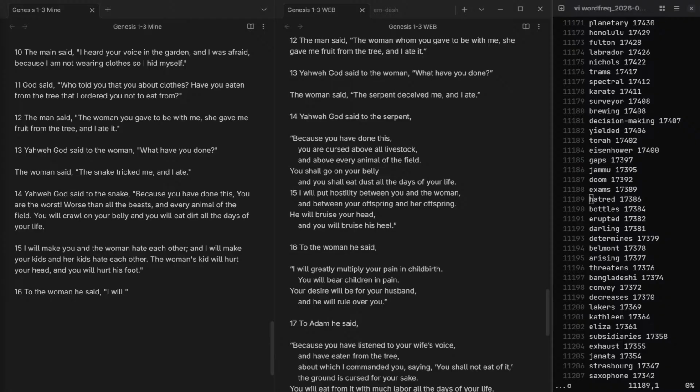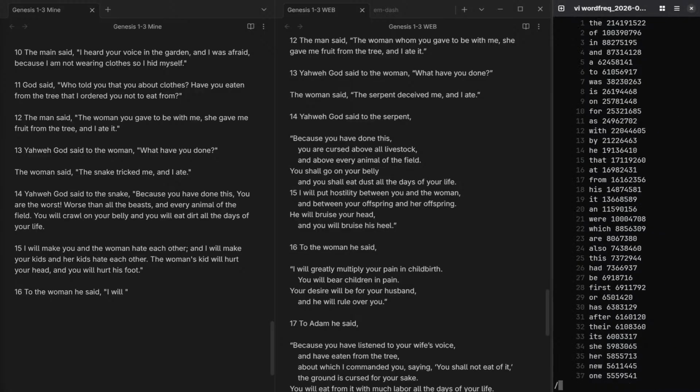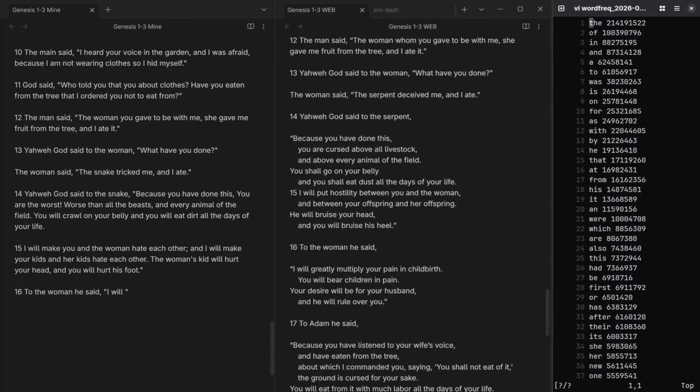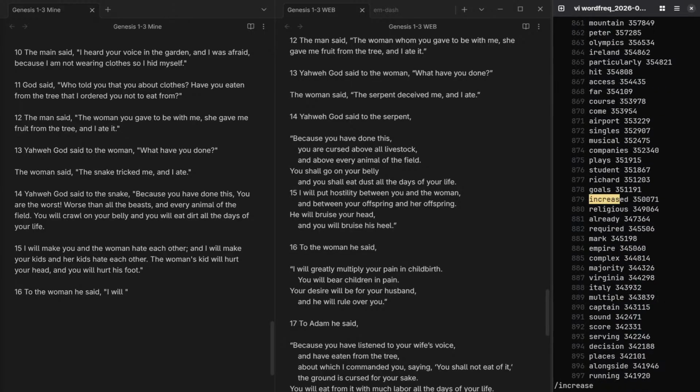Raise, okay. Raise is 960. Then we have increase, which is used more often in Wikipedia, but that doesn't mean I should do the same.